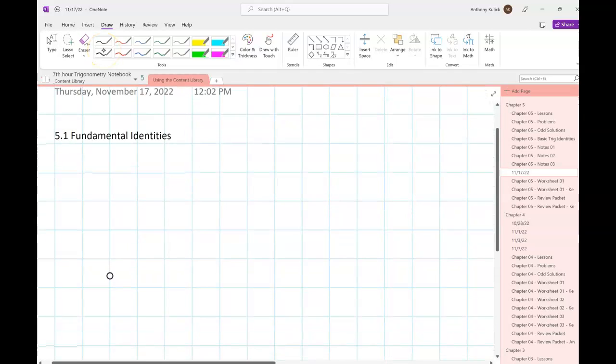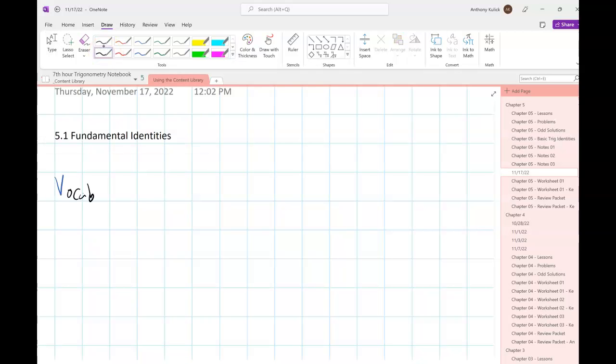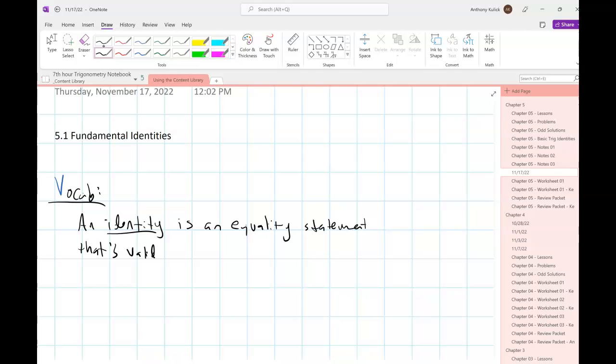So when we talk about an identity, we're talking about an equality statement that's valid for all values of a variable.